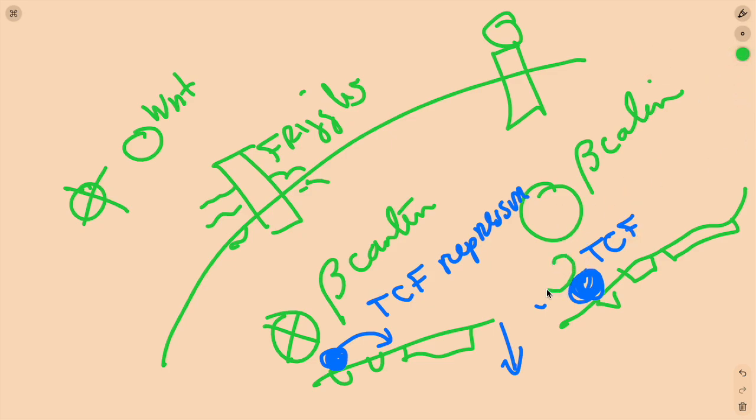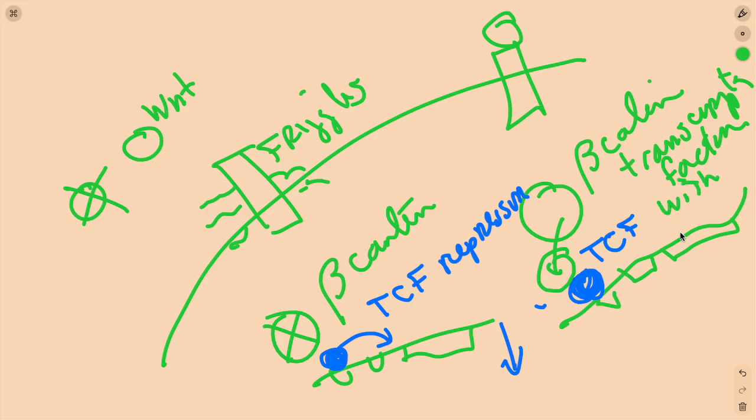So beta-catenin is a transcription factor with no DNA binding domain. It relies on another protein, TCF, that has a DNA binding domain.